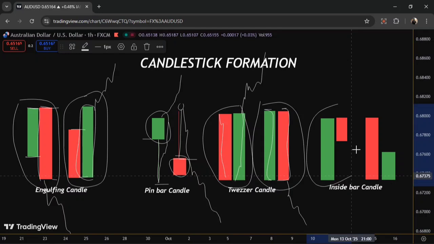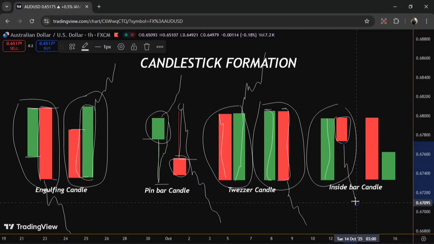What the psychology or the anatomy of the formation of this candle entails is that first, buyers were in control, as you can see, pushing price higher, and suddenly you see a candle close either 50% of the previous candle, and this signifies that at this point sellers are in control, buyers have lost control over the market, and price might likely continue selling downward.